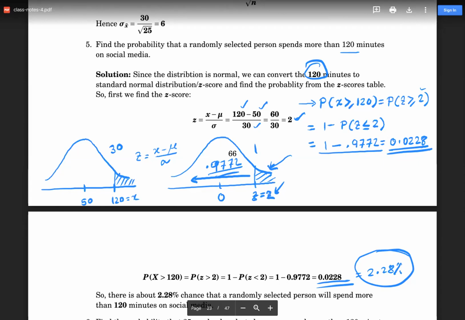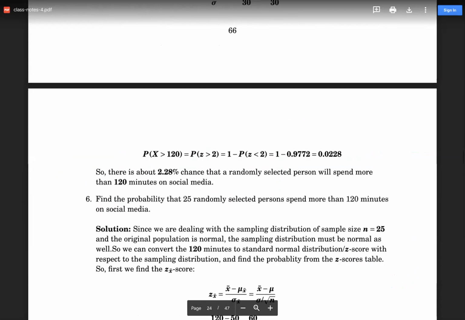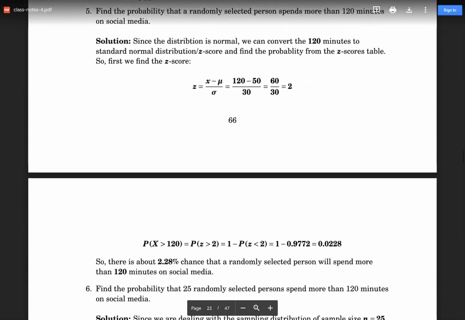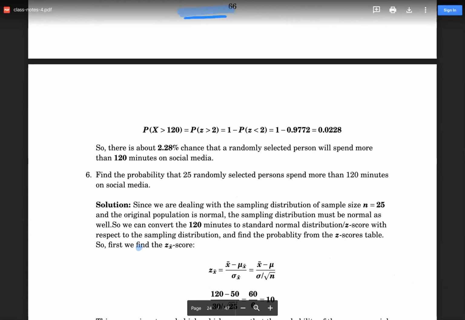Next problem is this. I put it side by side so that you can see it. Now look, in the last problem, a randomly selected person. In this problem, however, we talk about 25 people.